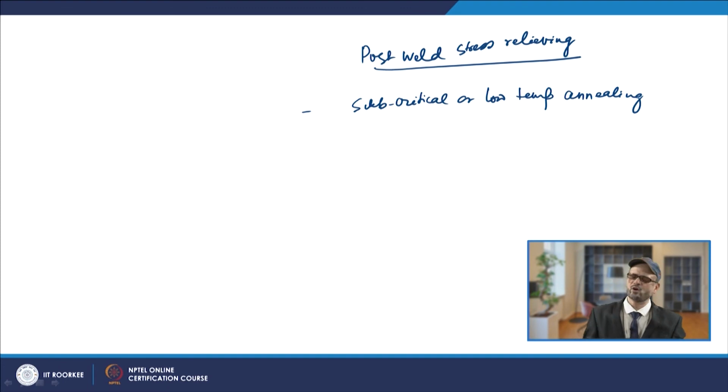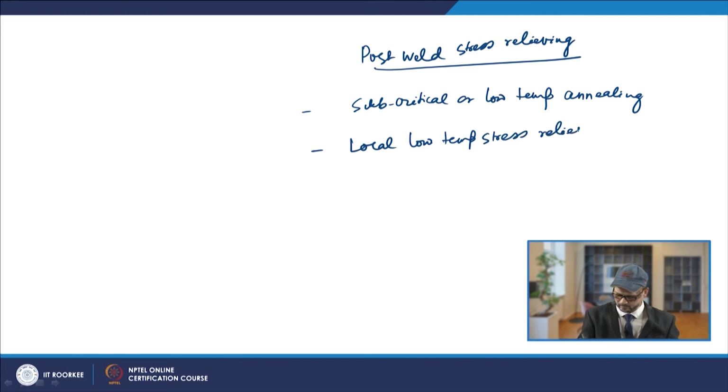And we also do the annealing locally. So, we can go for local low temperature stress relieving, which is heat treatment in and around the weld.